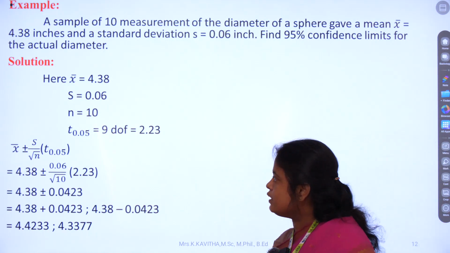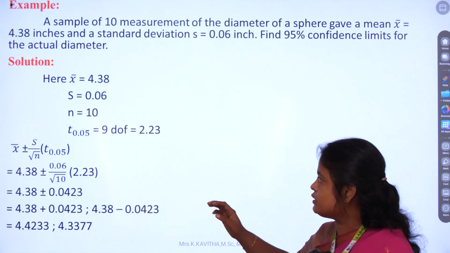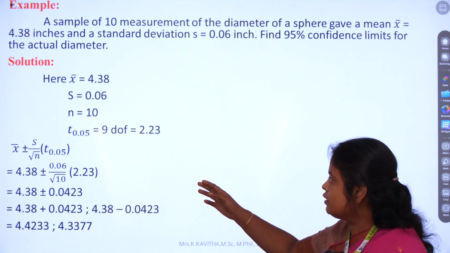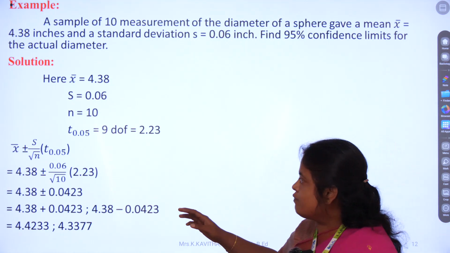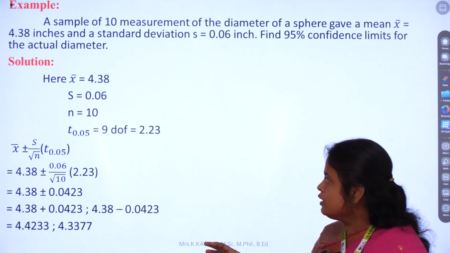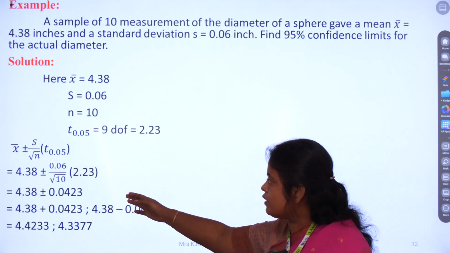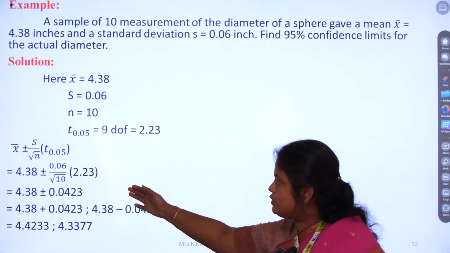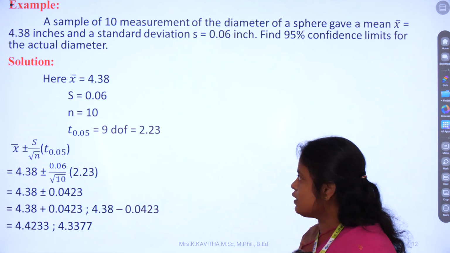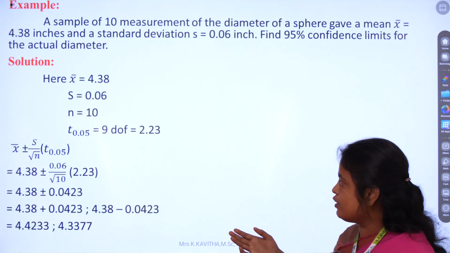The formula for the confidence limit is x bar plus or minus s by root n into t alpha. Here 95%, so alpha equal to 0.05, x bar equal to 4.38, s equal to 0.06, n equal to 10, and t alpha we have to find using the table value.